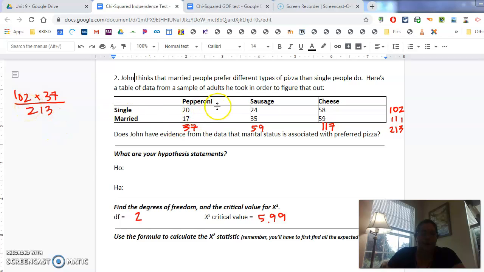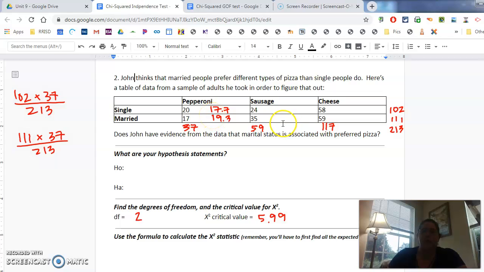And when I put that in my calculator, I should get 17.7. This bottom left corner, pepperoni married, would be 111 as row total, times 37, column total, divided by 213, which comes out to 19.3.